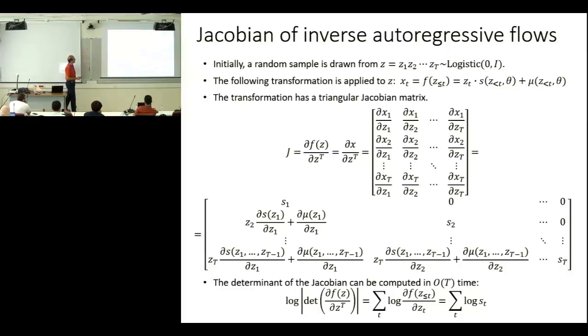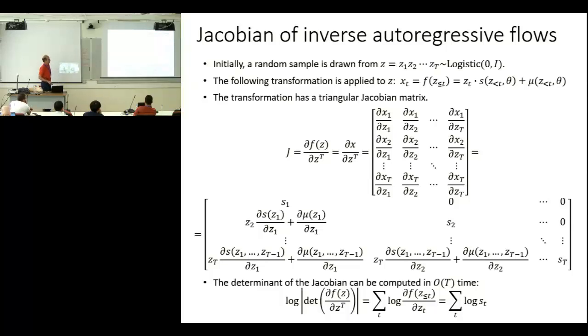Let's see the Jacobian of inverse autoregressive flows. We need a Jacobian which is efficiently computed. The Jacobian is defined with this matrix here. If we take the derivatives and we use this transformation, we will see that the Jacobian is actually triangular. All the upper entries are zeros, and this is lower triangular.